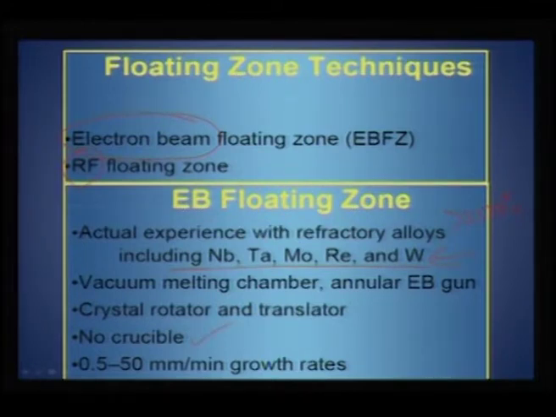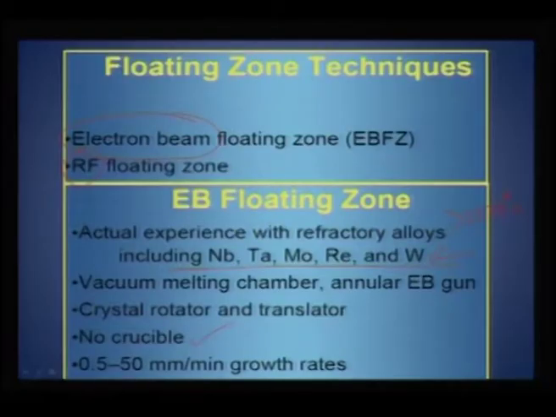One important thing that you should understand between the Bridgman and Czochralski method and this is, here you do not need a crucible. So, you just have a feed, and then you have the seed, and in between the feed and the seed you create a zone, and that will actually melt and start growing as a crystal.